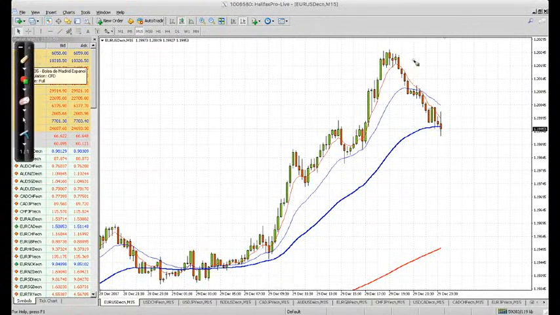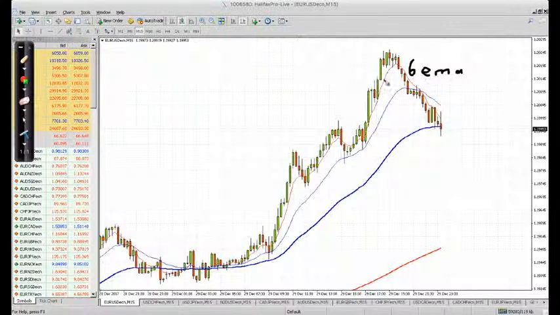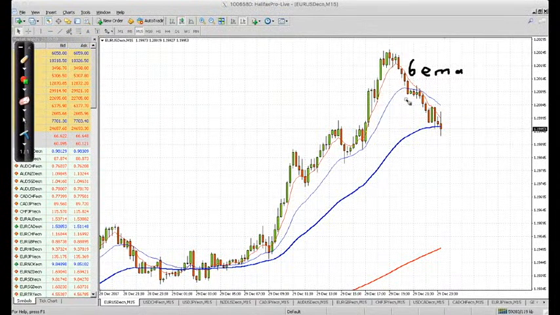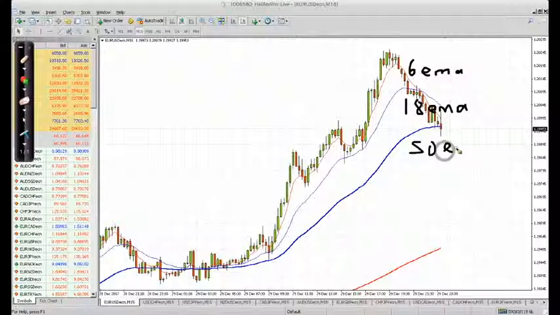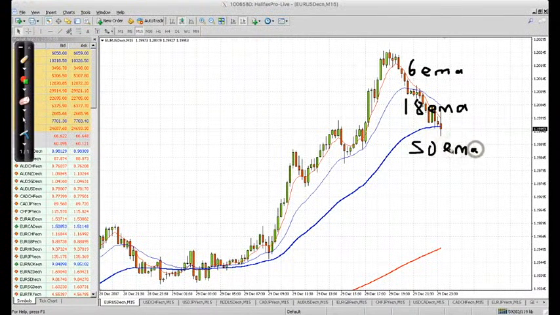So the first is the 6 exponential moving average, the 6 EMA, which is this thin red line. The 18 exponential moving average, which is the thin blue line. The 50 exponential moving average, which is the thicker blue line. So I've got the 6, the 18, and the 50.